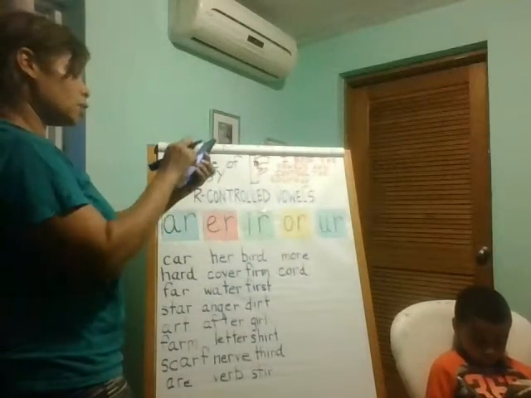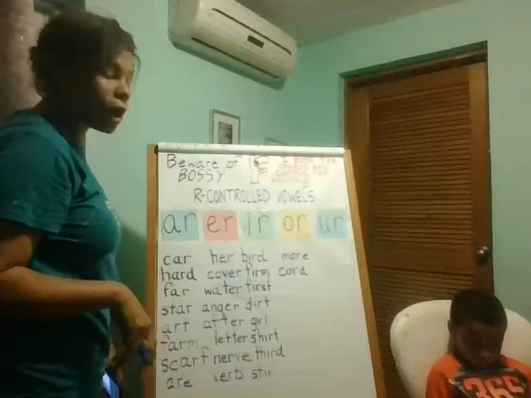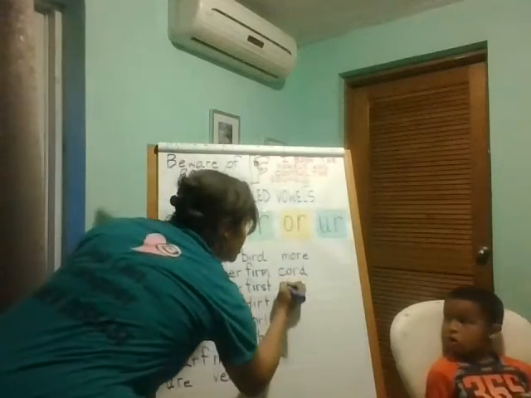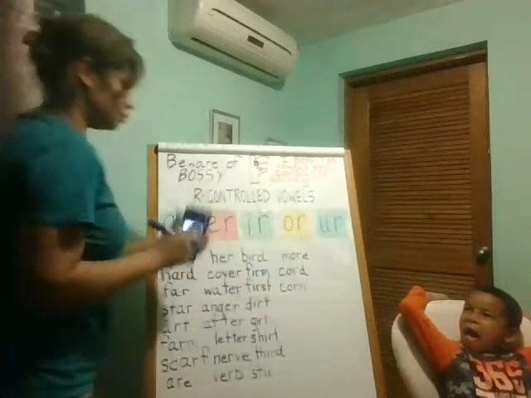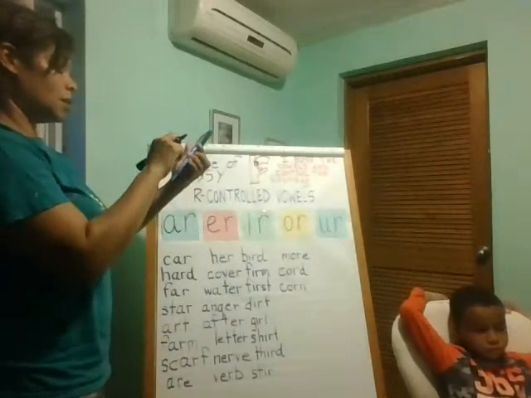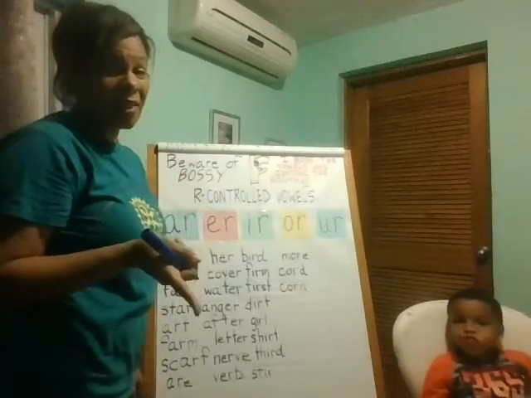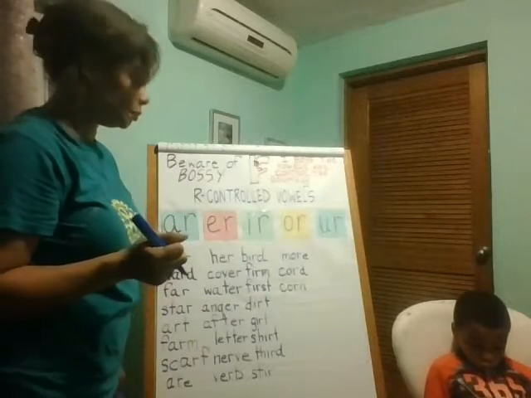After cord, we have corn, like corn off the cob. Corn. It's kind of like cord, but it has a different ending. C-O-R-N. Next, wore. This is tricky because it has a silent E at the end. So see if you can figure it out. She wore her clothes. Wore.